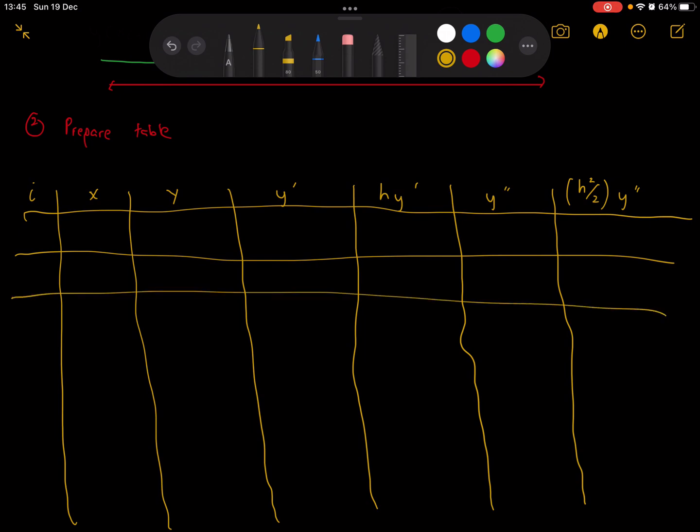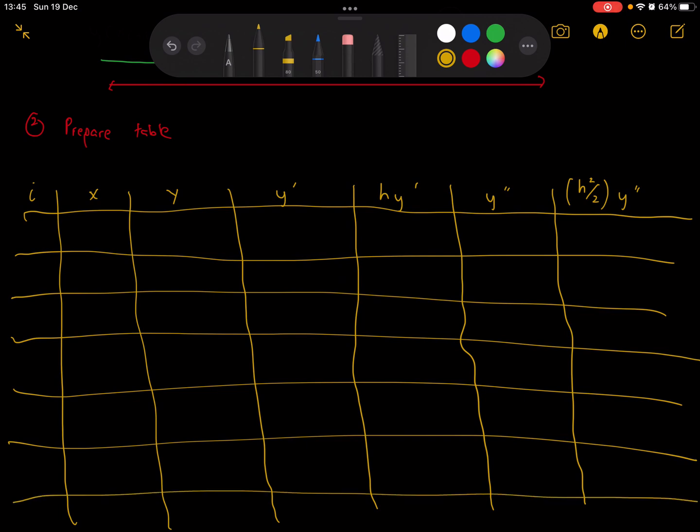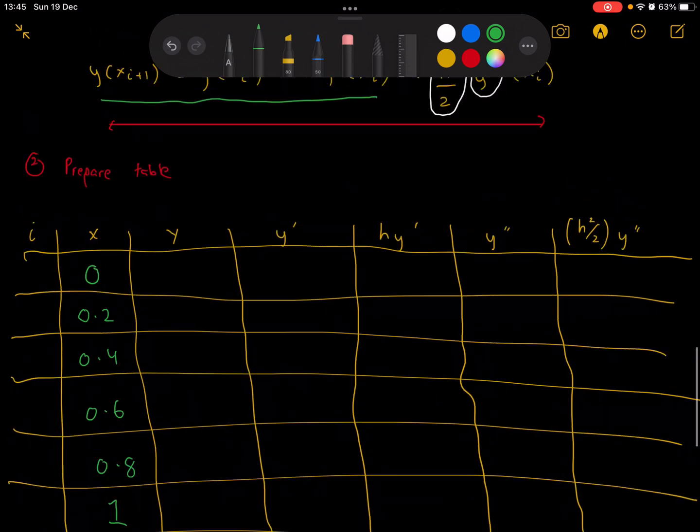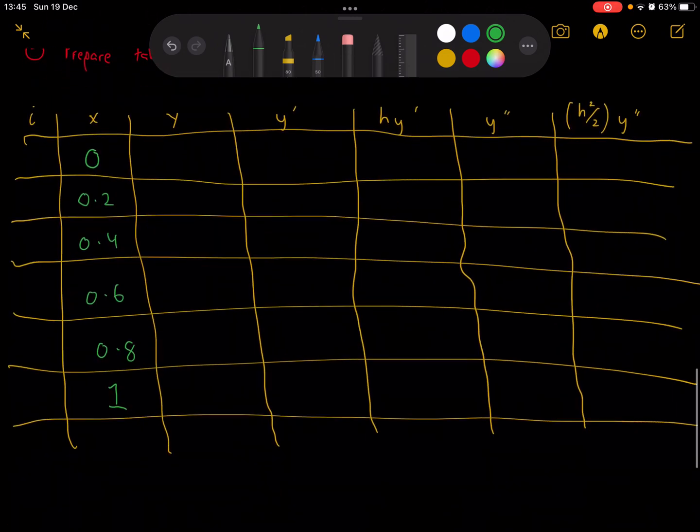Then we know that the step size is 0.2 and x is starting from 0. So the next values will become 0.2, 0.4, 0.6, 0.8, and until 1, because we start from 0 until x equals 1.